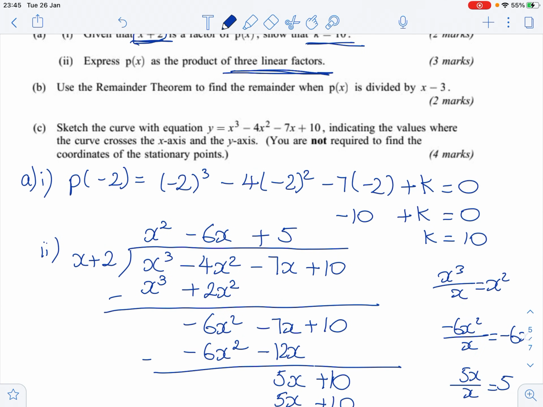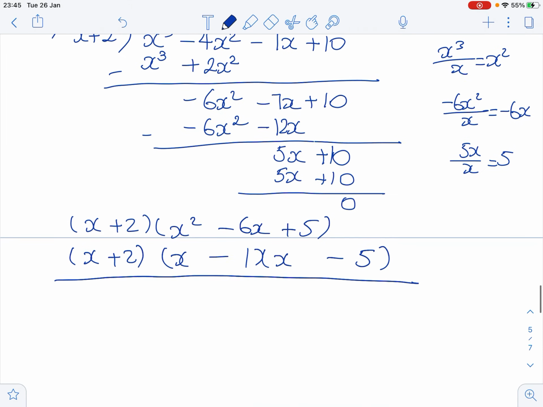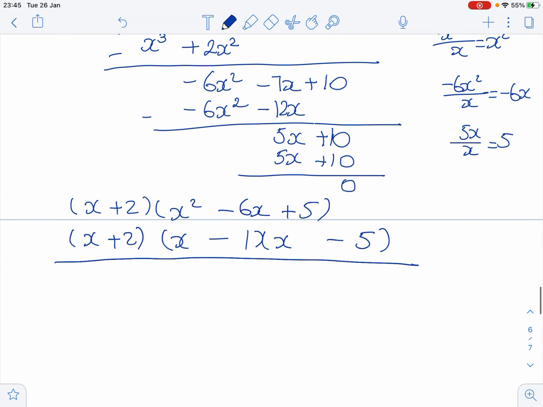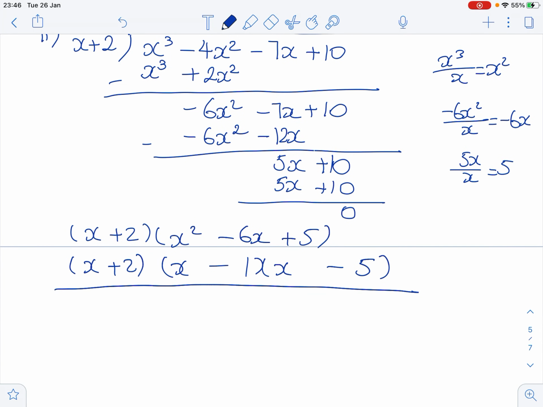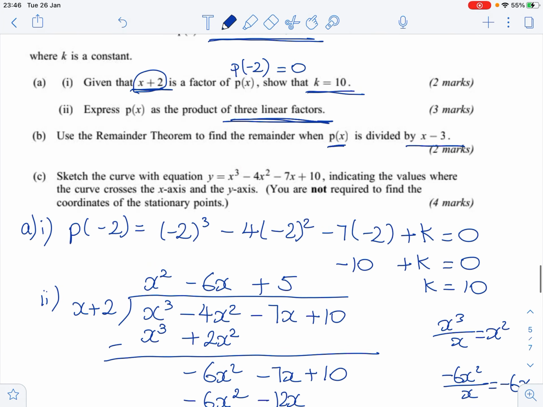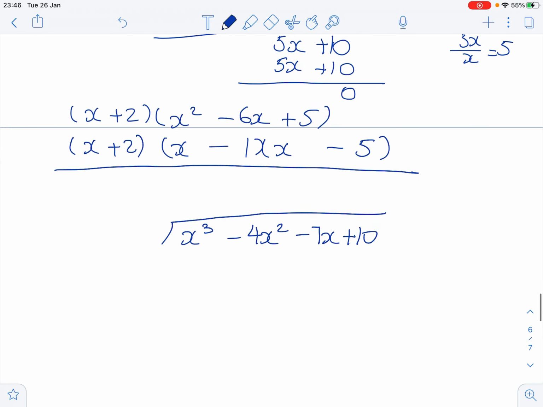Next part, use the remainder theorem to find the remainder when p(x) is divided by x minus 3. So again, we have x cubed minus 4x squared minus 7x plus 10, and we're dividing by x minus 3.